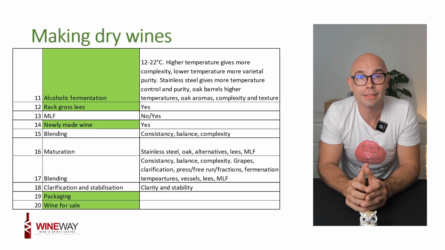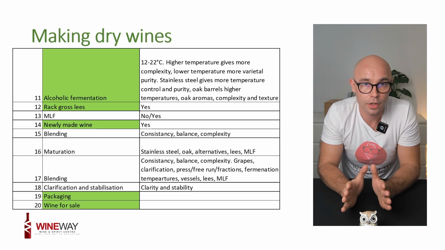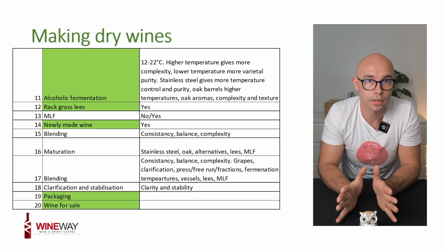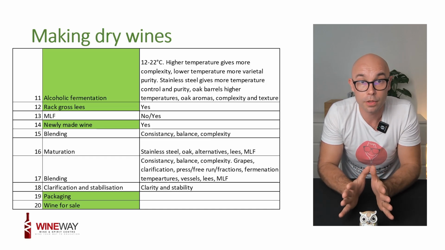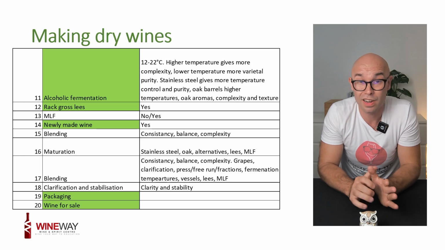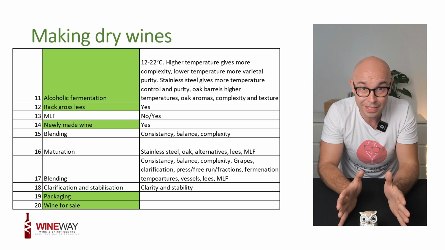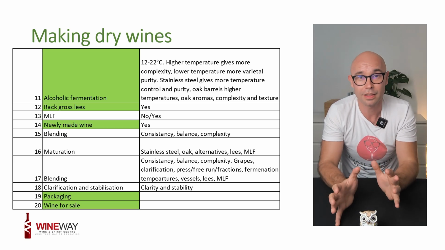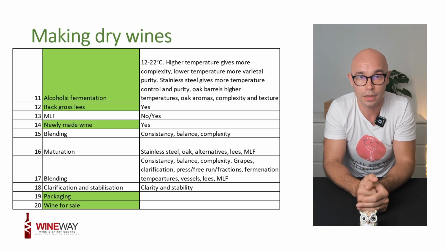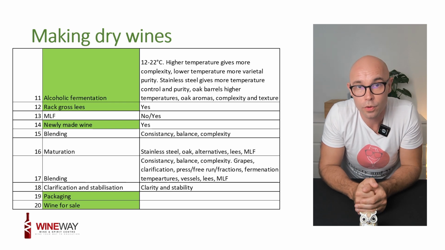Blending: there are many options for blending, and blending is an important choice between premium and inexpensive wines. Again, for inexpensive wines, it's all about consistency and adjustment, saving the wine if you want, whereas for premium wine it's all about balance and complexity.